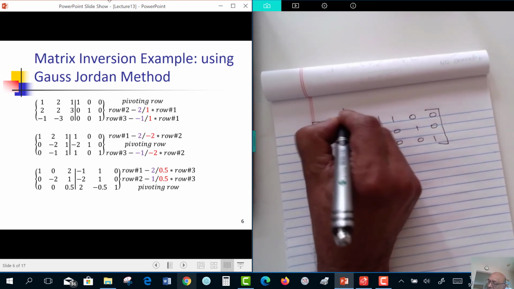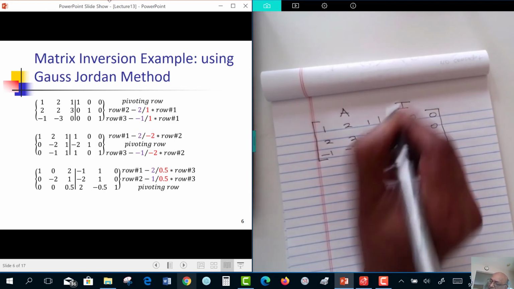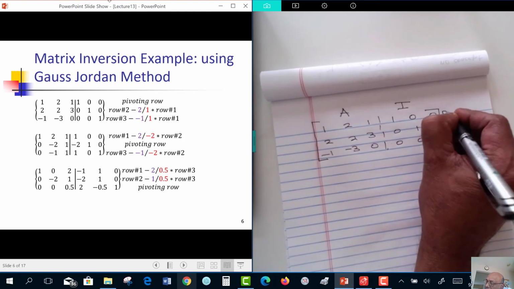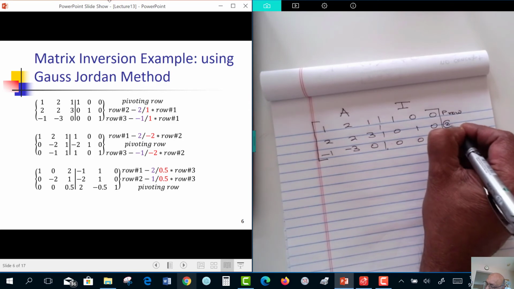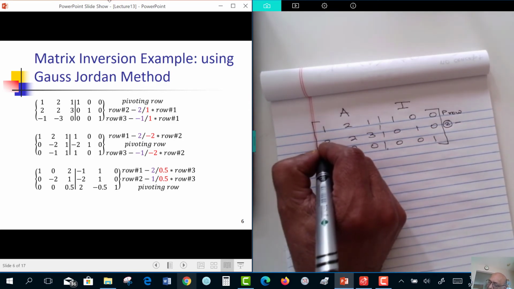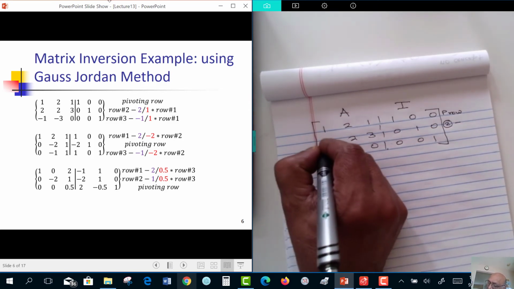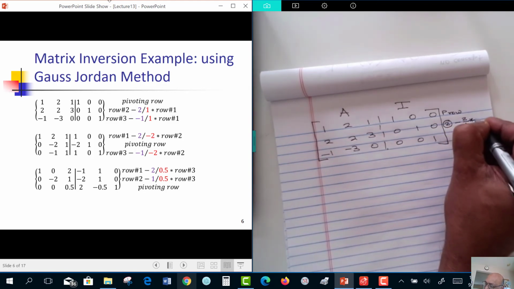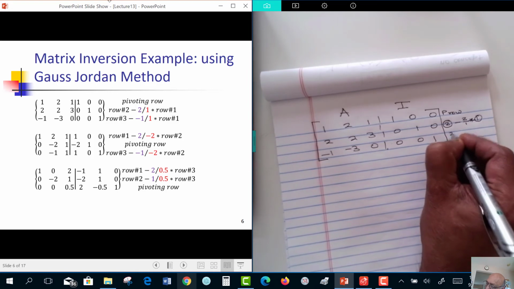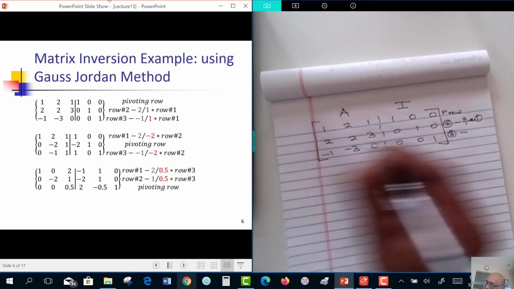So this is A, this is I. This is our pivoting row. We'll take second row, subtract. We want to get 0 here. So we will have 2 over 1 times first row. Third row, -1 over 1.